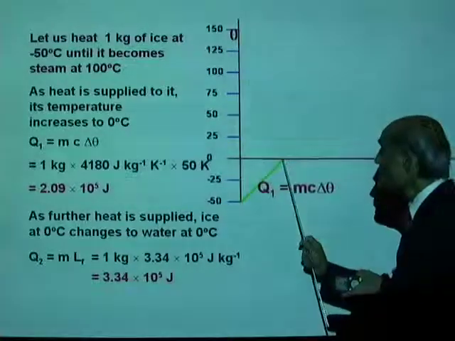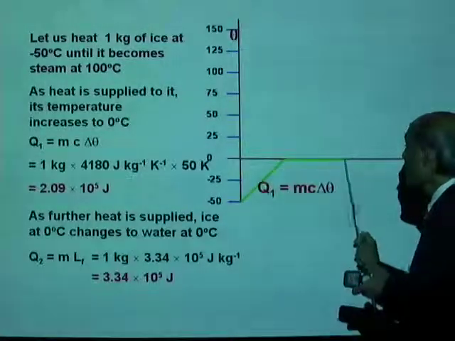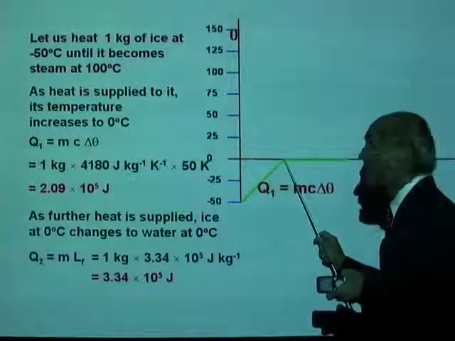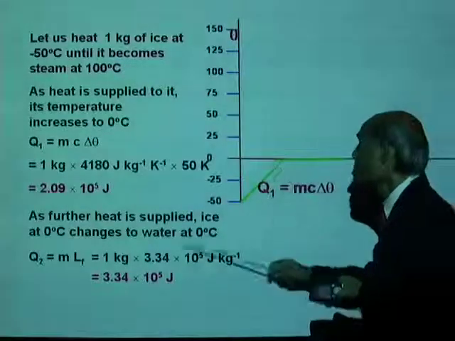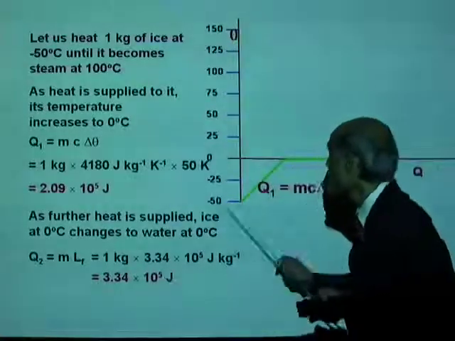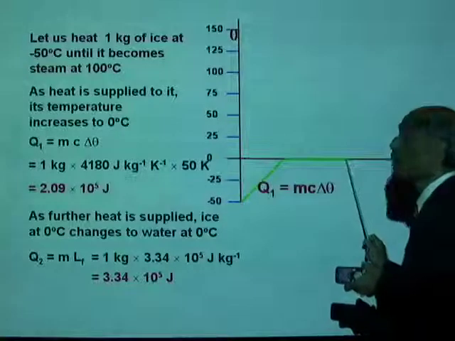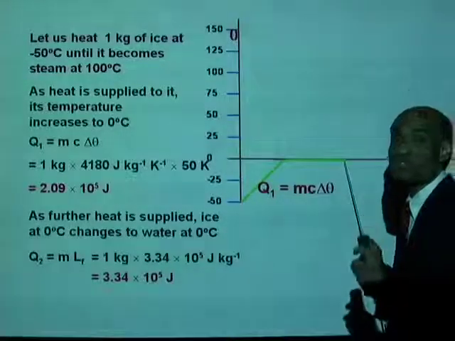You can see it is a horizontal line there. All the ice is solid here at 0 degrees, and now this much amount of heat is absorbed to convert all that ice to water without a change in temperature.